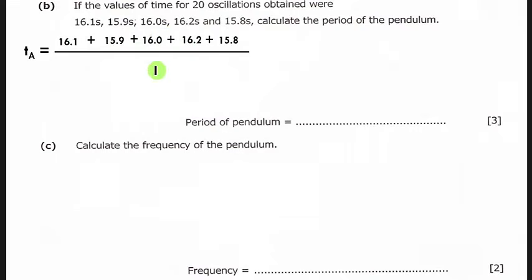So you divide by 5. When you add and divide by 5, you find that it will be 16.0 as the time.